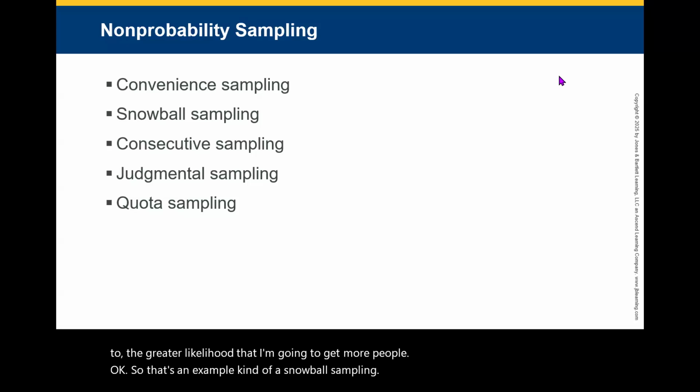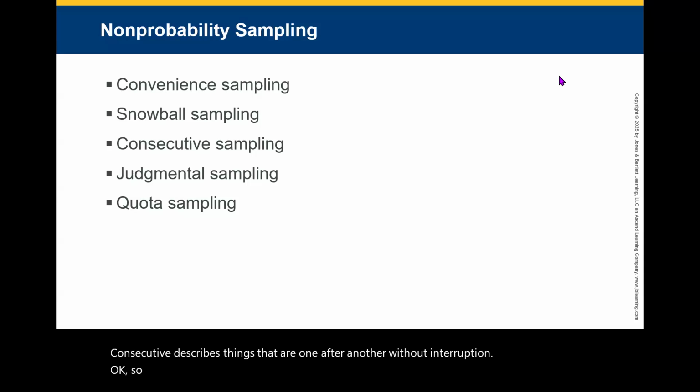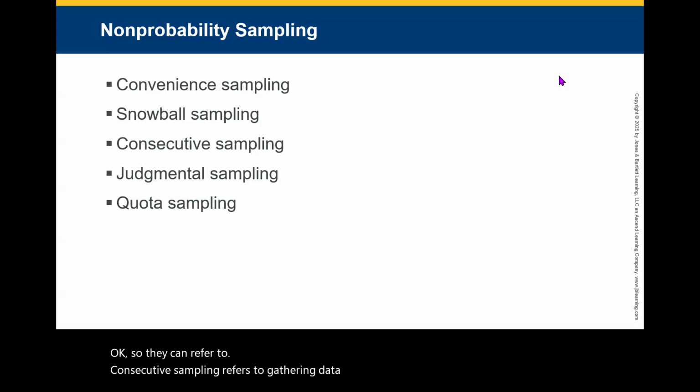Consecutive describes things that are one after another without interruption. Okay, so consecutive sampling refers to gathering data from available subjects over a period of time.